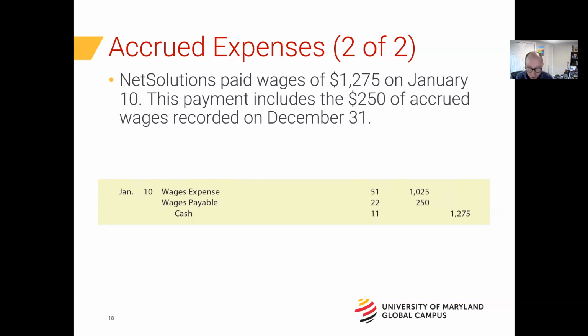We're going to pay the employee later, but we recognize that expense in the previous month. So we debit wage expense $1,025, debit wages payable $250, and we credit cash $1,275 to represent us paying our employee for the 2 weeks worked that included the end of the previous month.